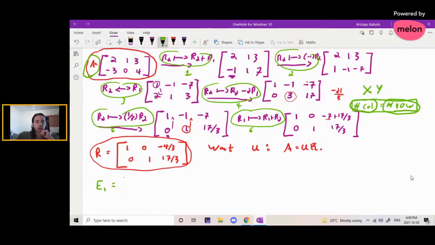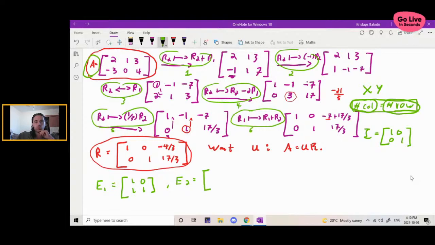Okay, so E1 will be the matrix where we apply the first row operation to the identity. Just to help you visualize this, remember the identity is this matrix 1, 0, 0, 1. So this will look like 1, 0, 1, 1, because we're adding row 1 and row 2. E2 is the matrix in which we simply multiplied row 2 by -1.